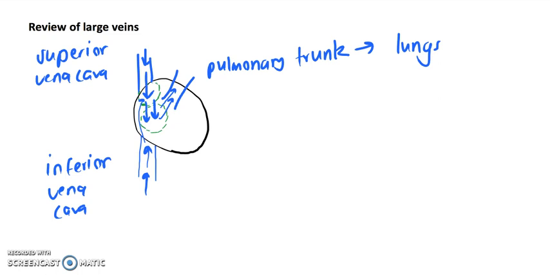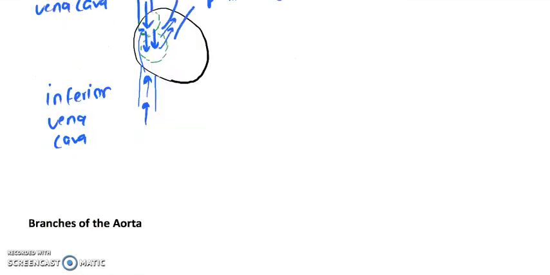Okay, so those were some large veins that we could see in the fetal pig. Now for the aorta. Again, let me draw my heart, and let's orient ourselves.